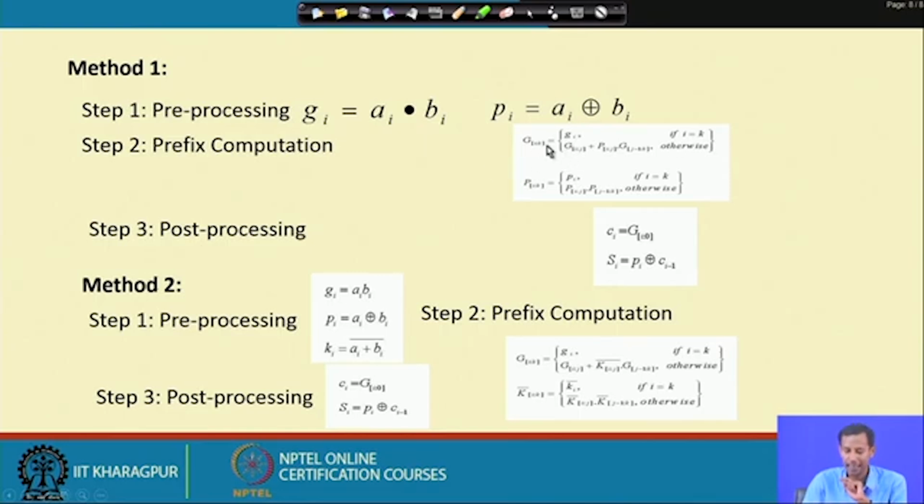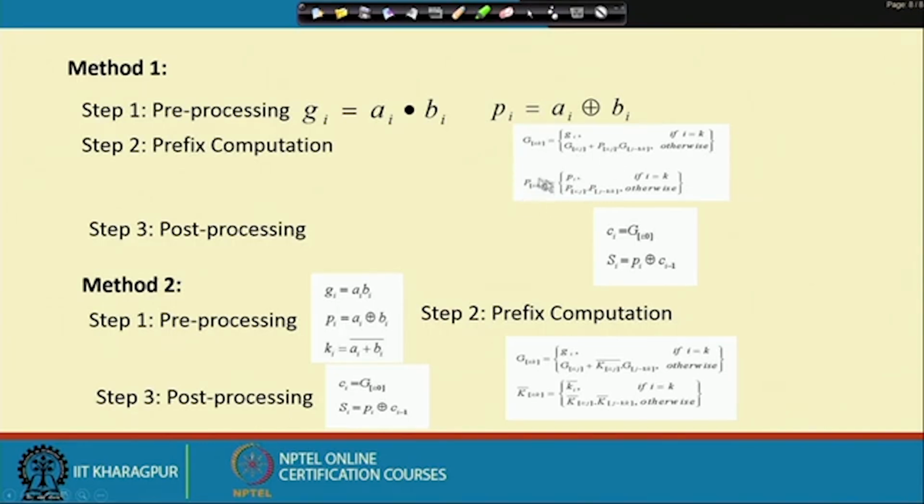If i and k are the same, then Gik will be Gi, and if i and k are not the same, then I have to do Gij plus Pij dot Gj minus 1 k. These are the coordinates of G and P, presented within the parenthesis.